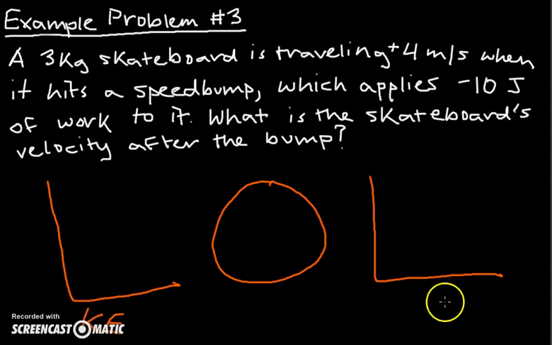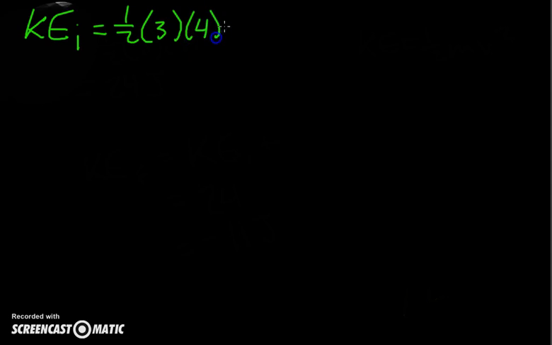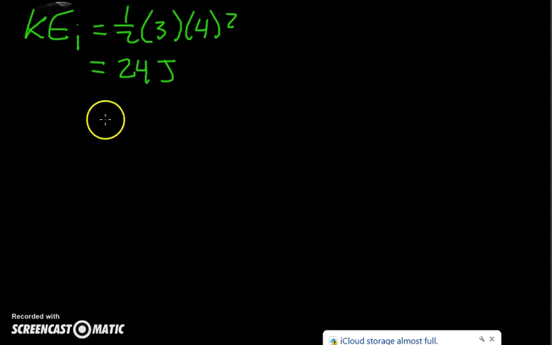I apologize for my askew axis, but you know, stuff happens. So, let's first calculate our initial kinetic energy. Our mass is 3 kilograms and our velocity is 4 meters per second. So, our kinetic energy initial is equal to 1/2 times 3 times 4 squared, which comes out to be 24 joules.